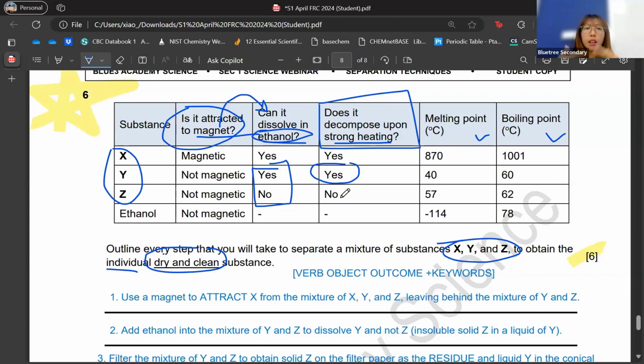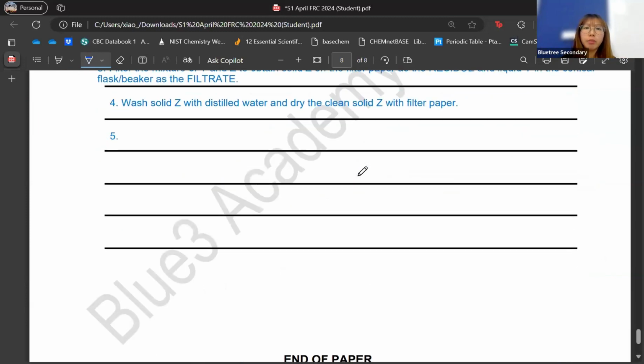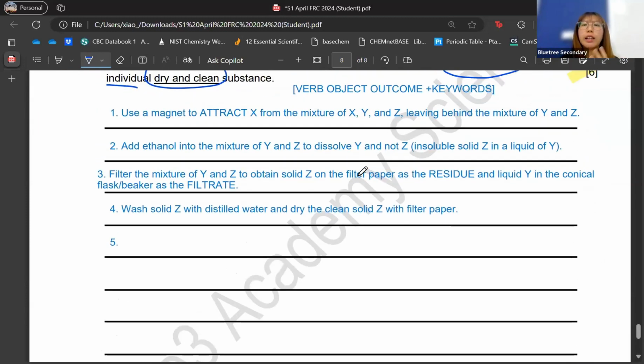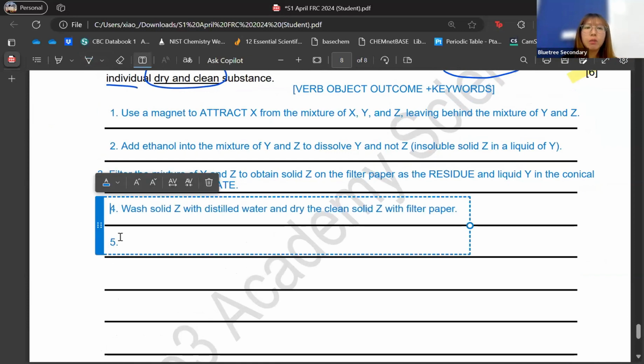Okay, so this one Teacher Bell earlier on covered already. So because they gave us that Y will decompose upon strong heating, that is why we do crystallization. Crystallization, very important. Okay, crystallization, to recap, there are 2 steps. One is the heating, second is the cooling.